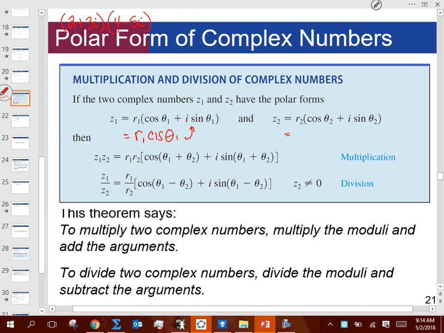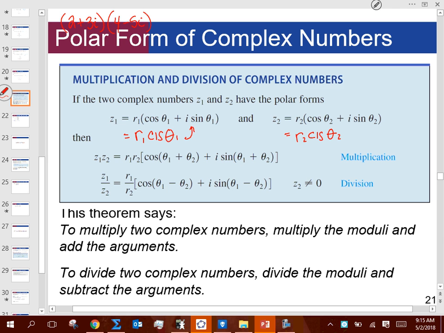Over here, obviously, z2 we can rewrite as r2 cis theta 2. Okay. It says then if I want to multiply these things, z1 z2, then all I have to do is take r1 times r2, and I've got my cis part, cosine plus i sine.